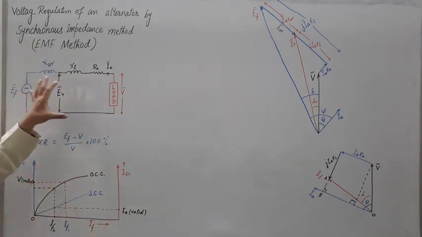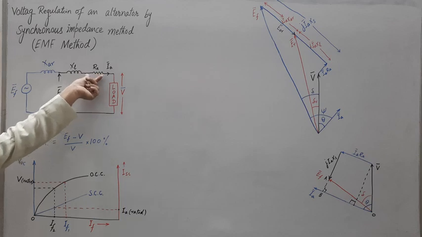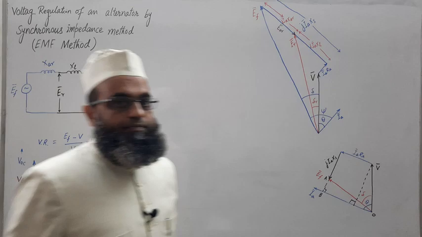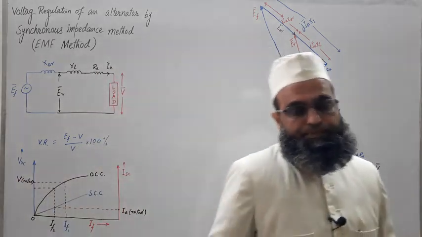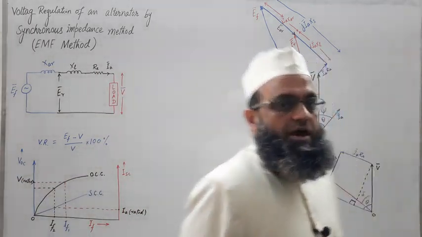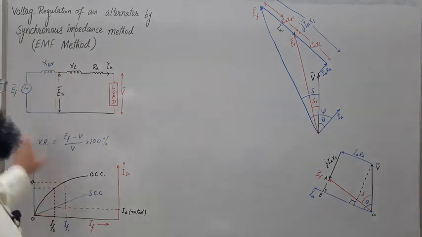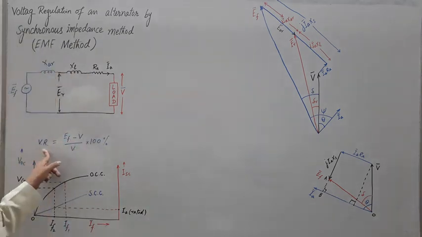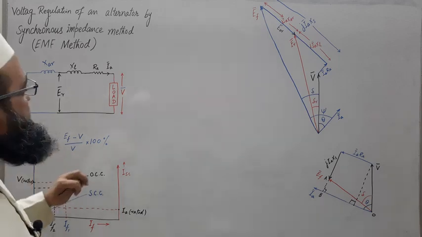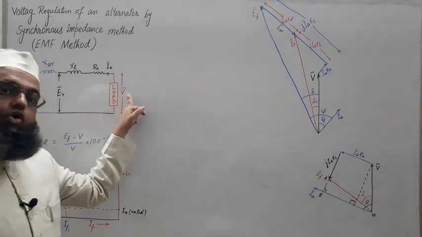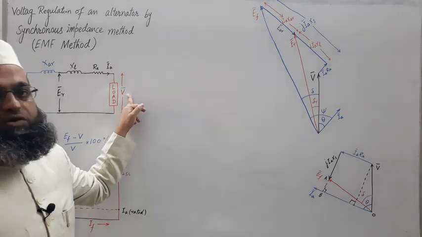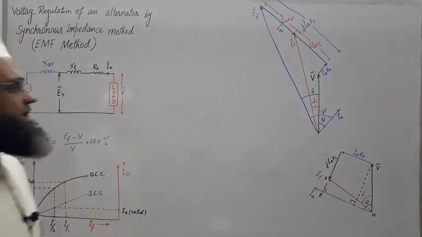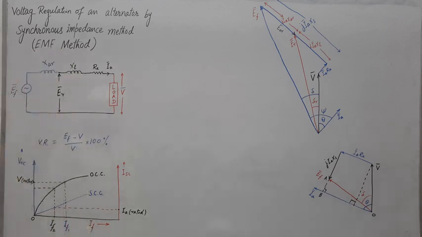Because of that, whatever drop there is in IA RA may be compensated with the other drops, the armature reaction drop and leakage reactance drop, and thus we will get these two magnitudes exactly equal. That is, the change in terminal voltage from no load to full load will be 0. We will get the same magnitude of terminal voltage.